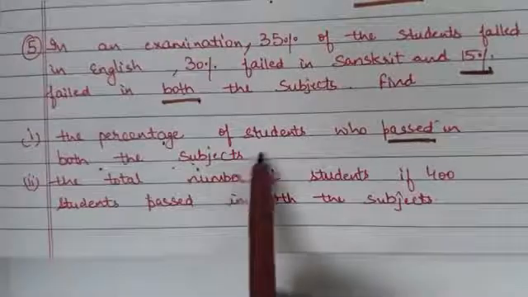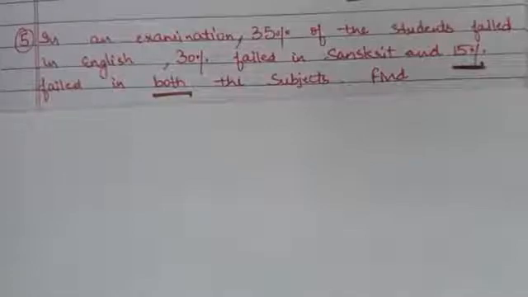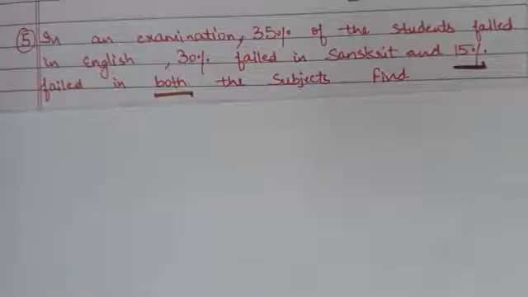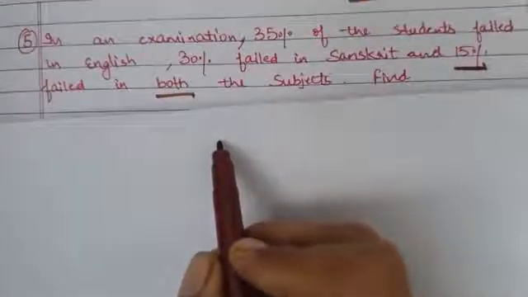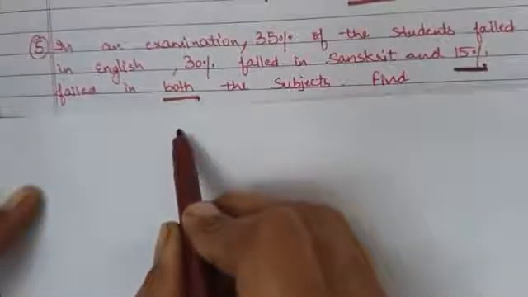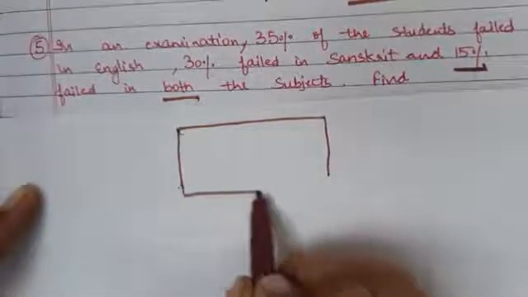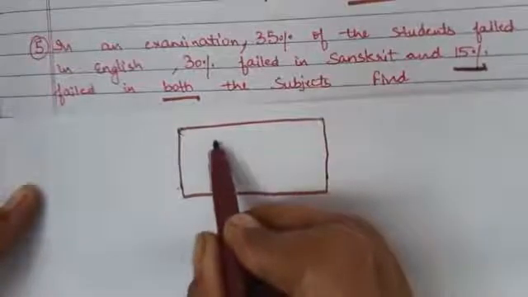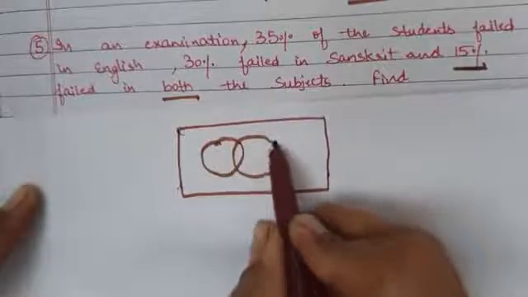So first of all, let us solve the first part. Students, we will do this question by Venn diagram because it will be very easy with that. Now, in an examination, 35% of the students failed in English. There are two subjects, English and Sanskrit. Let us draw the rectangle first. This is English and this is Sanskrit.